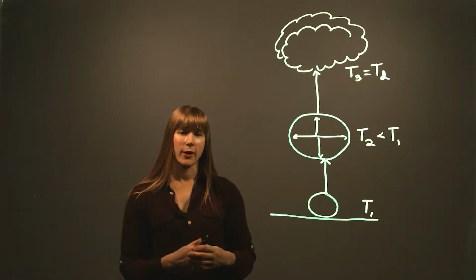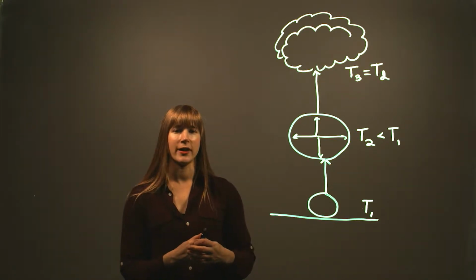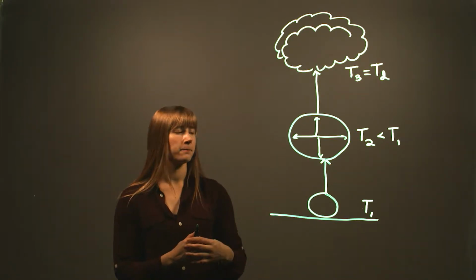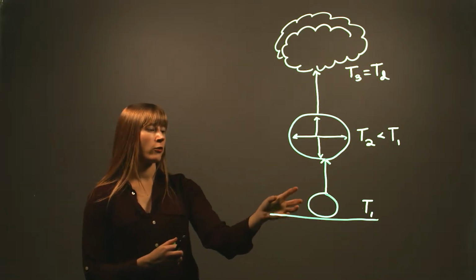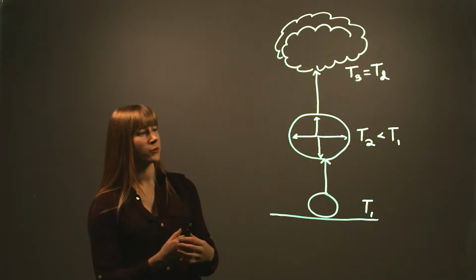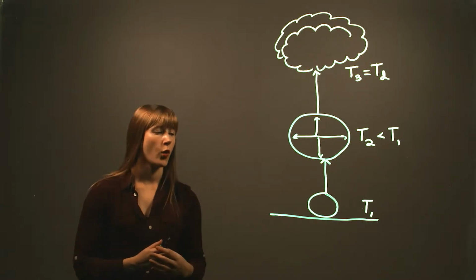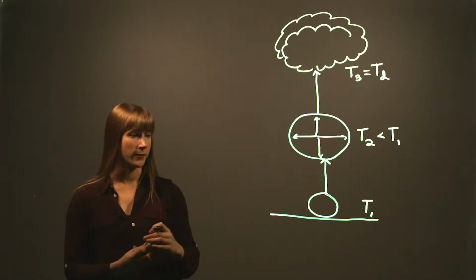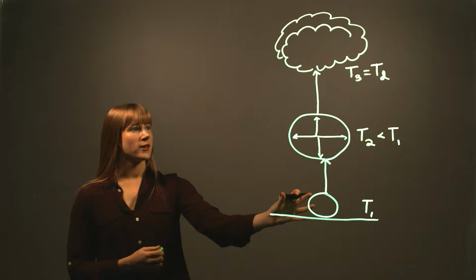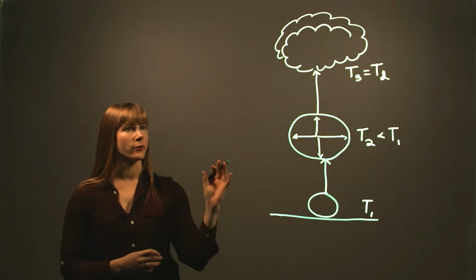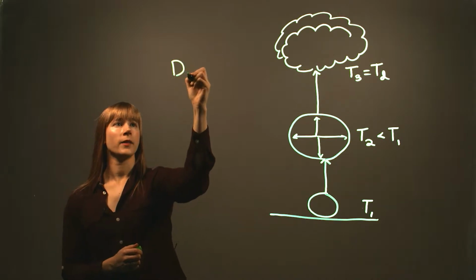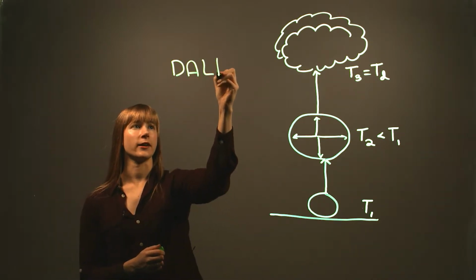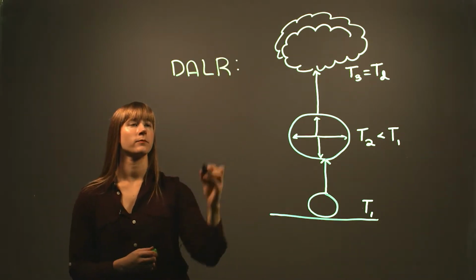And to answer that question, we need to think about atmospheric stability. To think about stability, we need to know the temperature of this rising air parcel. That's one part of the puzzle. Now, as long as this air parcel remains unsaturated, it is going to cool at the dry adiabatic lapse rate.